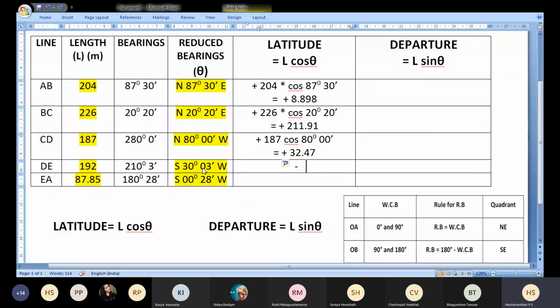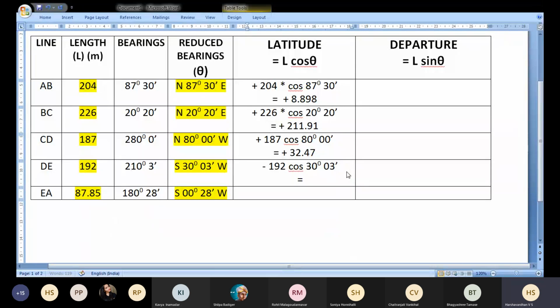So minus, length is 192 and cos of reduced bearing 30 degrees 3 minutes. Okay, what is the answer? Minus 166.22.